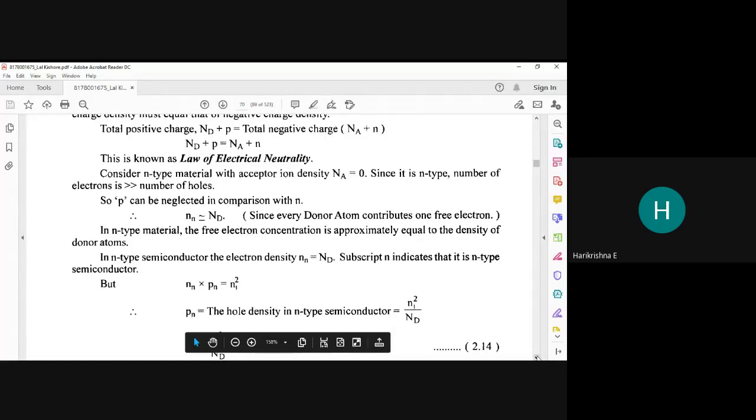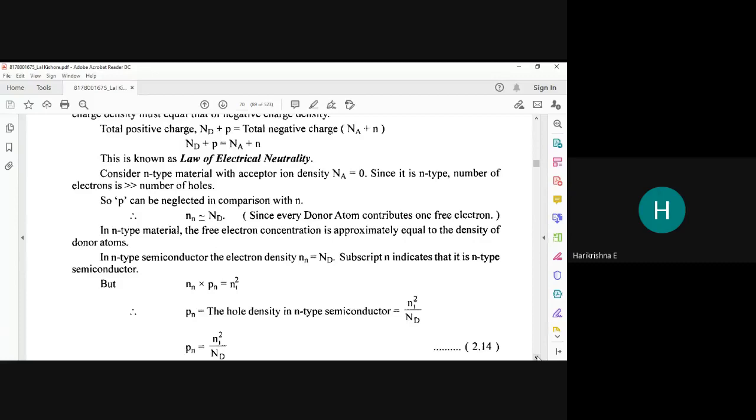So we discussed that total positives is equal to total negatives. N is a negatively charged electron. P is a positively charged hole. Nd is an immobile ion, because it is donating one free electron, it is a positively charged ion.